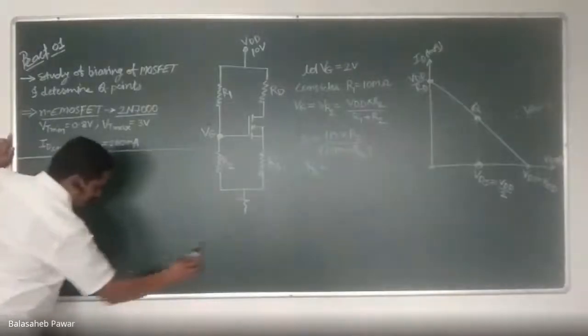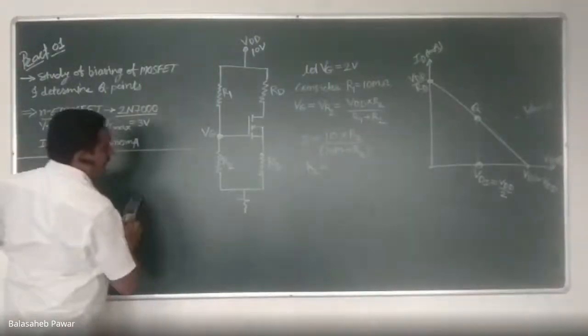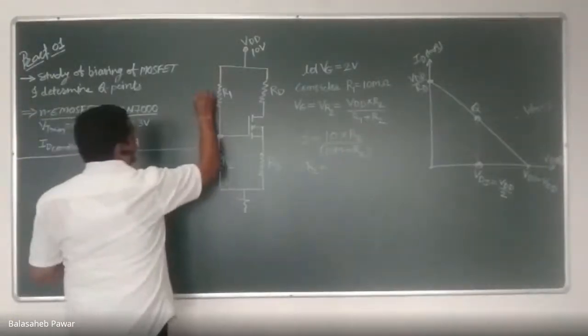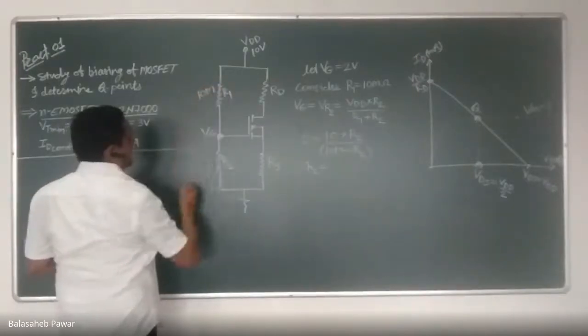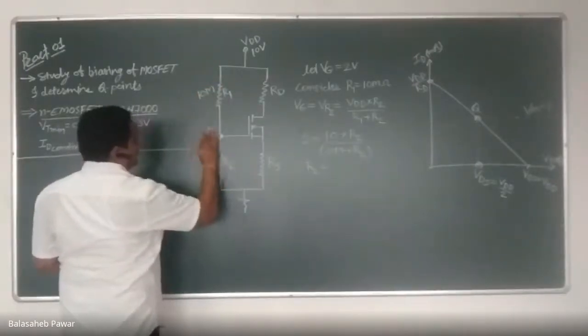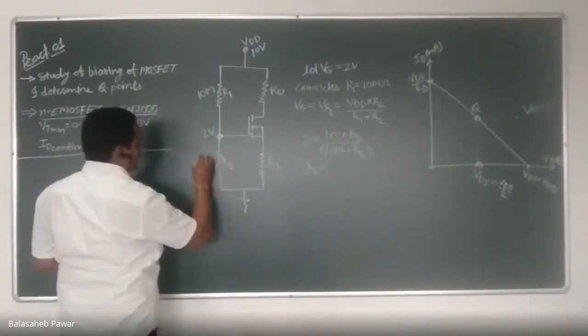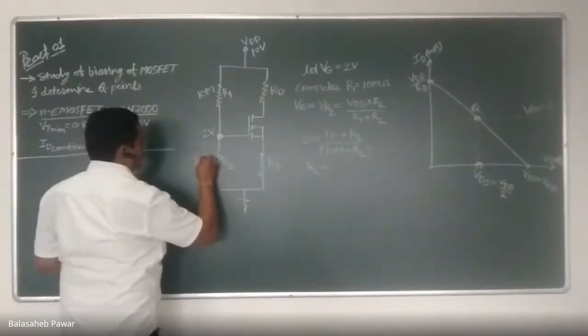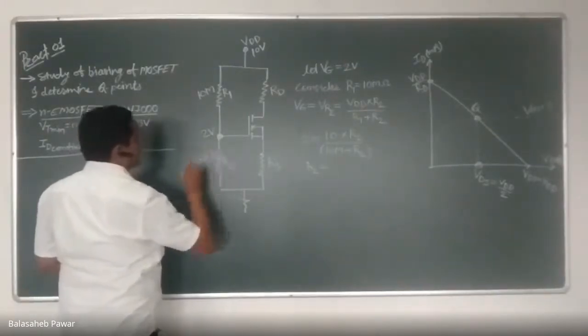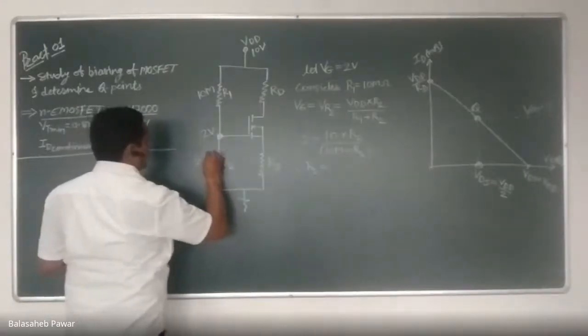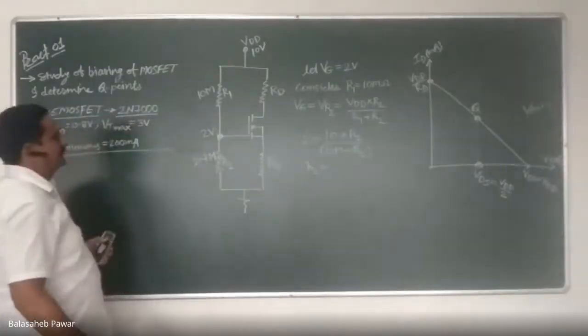Select R2 equals 2.7 mega ohm standard value resistor. This R1 we have taken as 10 mega, and to have this VG as 2 volts, we decided the value of R2 as 2.5, but we will select the actual one as 2.7 mega ohm. Correct?